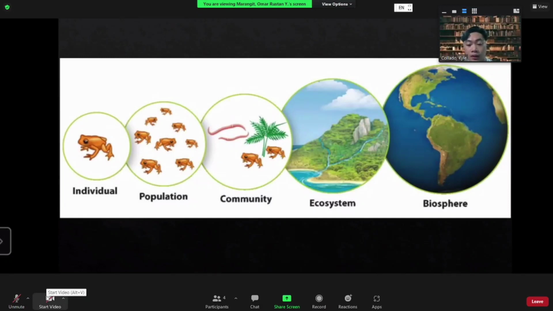Population is a particular section, group, or type of people or animals living in an area or a region. Third, community. Community means all the organisms living in a particular area or place. The fourth is ecosystem. Ecosystem is a biological community of interacting organisms and their physical environment.